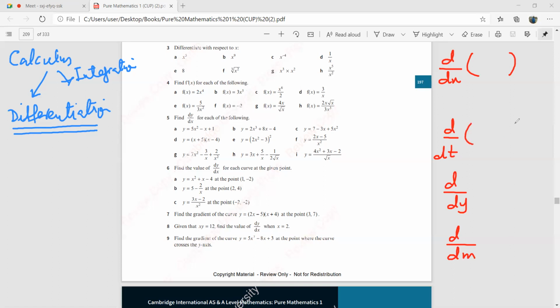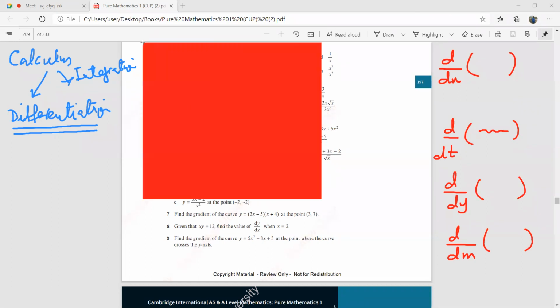This would mean the derivative of whatever is inside the brackets with respect to t. This is differentiating the given thing with respect to y. This is called differentiating something with respect to m. Now, when we say with respect to m, what would that mean? You will have to be patient, okay? And you will see how we do that.